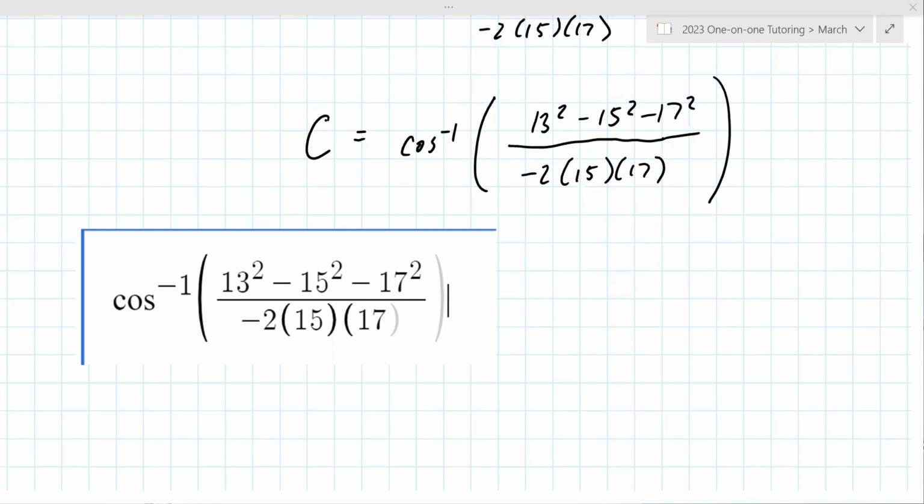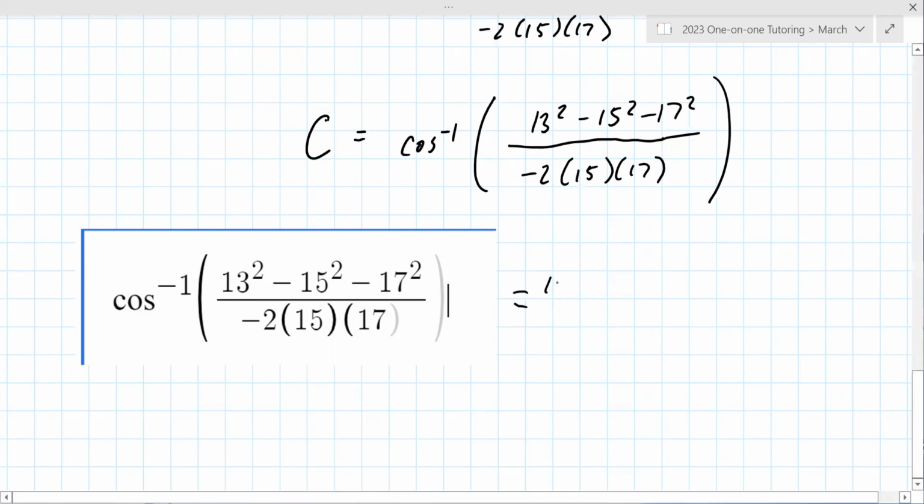Oh, nope. Hold on, let me fix this because I messed up a little bit. And then I add... 47.43. Good job. You'll find that getting the calculation is the hardest part.